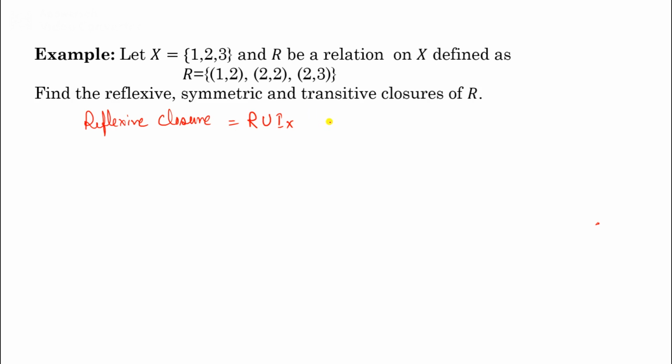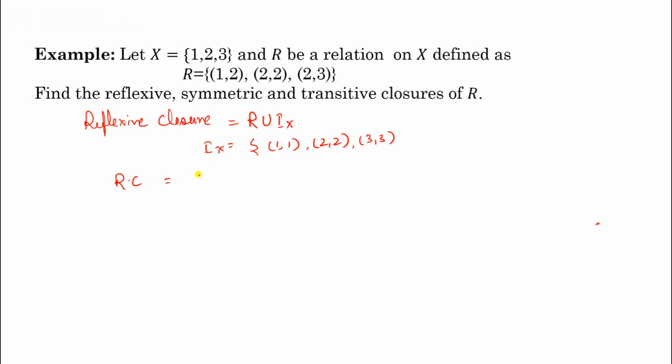So Ix equals, three elements are there: (1,1), (2,2) and (3,3). So this will be the reflexive closure.